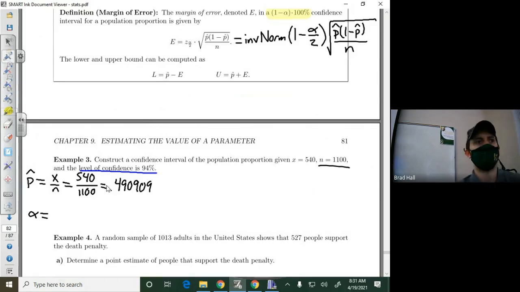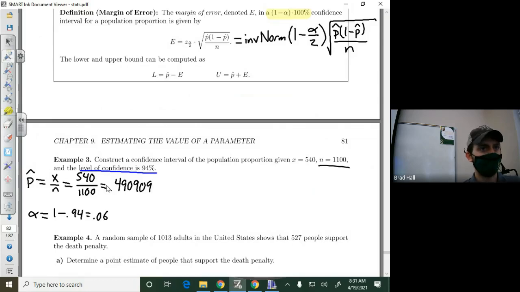So what's the complement of 94%? Just 6%. So really, you're looking at 1 minus 0.94, which is 0.06. That's alpha. It's the complement. But it's the complement as a proportion. That's all that's saying. I won't get into the algebra. There's a little bit of algebra. Won't even get into that. It's the complement as a proportion. That's alpha.